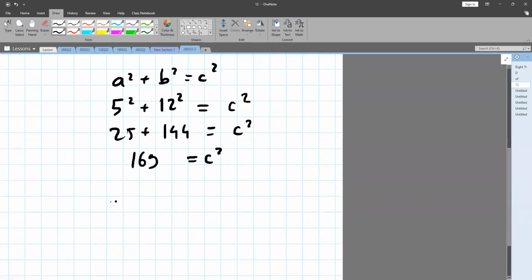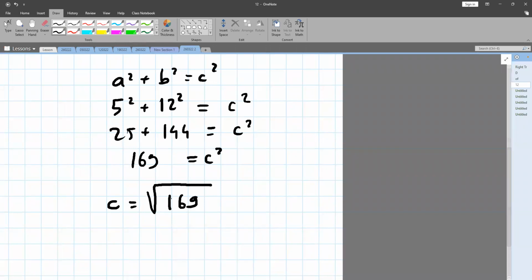That means C is equal to the square root of 169. Now, what is the square root of 169? What's 13 by 13?